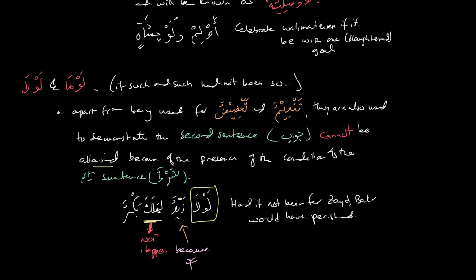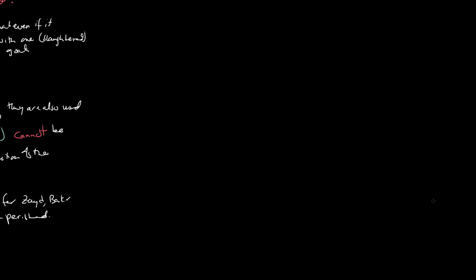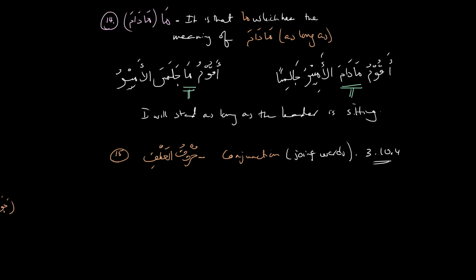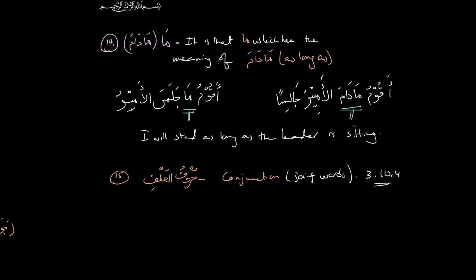They are also used to demonstrate that the second sentence cannot be attained because of the presence of the first sentence, like Lola Zaydun. And finally, madama, which means as long as, and sometimes ma is just written instead of madama as a shortcut.